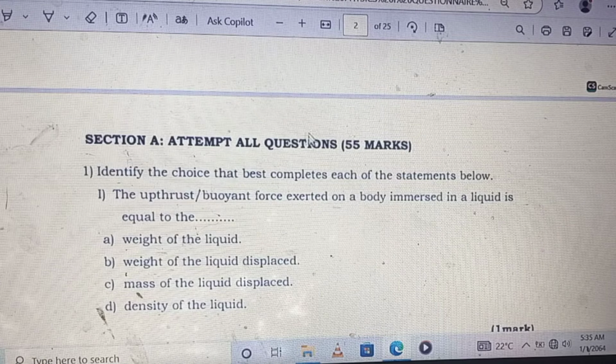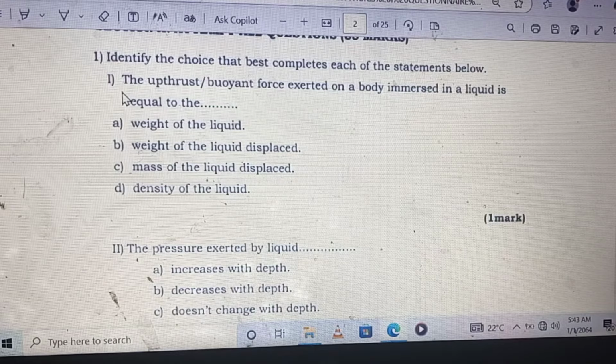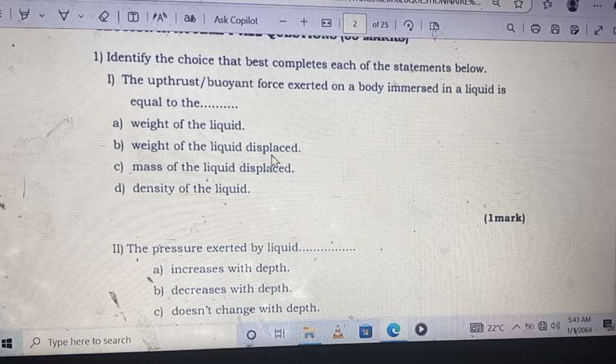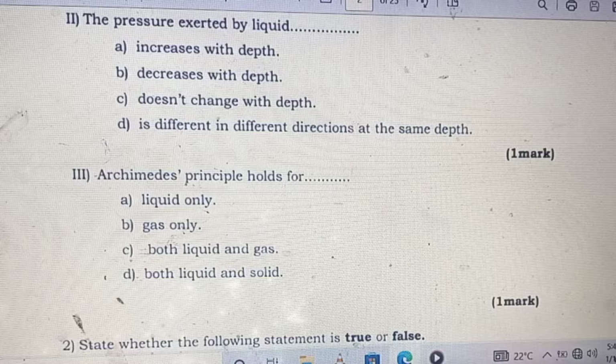Section A. Attempt all questions. 1. Identify the choice that best completes each of the statements below. I. The upthrust or buoyant force exerted on a body immersed in a liquid is equal to. The correct answer is letter B, weight of the liquid displaced.